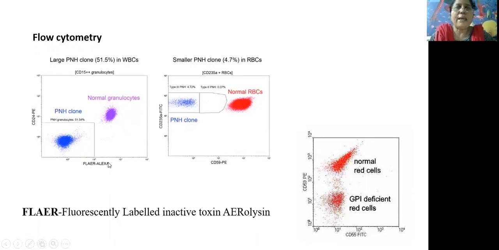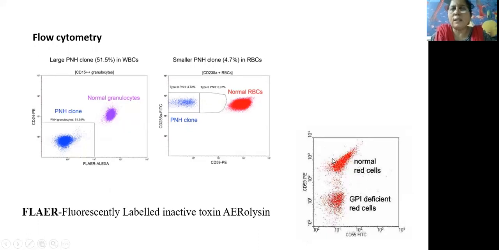There is one FLAER test. We use some bacteria, fluorescently labeled inactive bacterial toxin can be used. Also, you can look for CD55 and CD59. This is the FLAER test, and this is the 59 test you can do for PNH type 1, type 2 PNH.